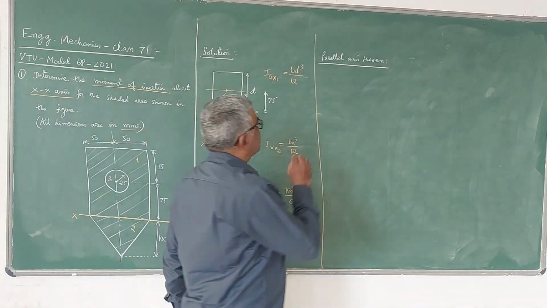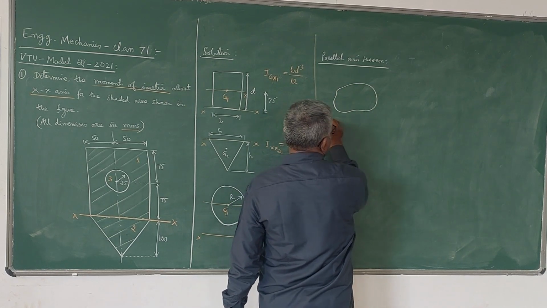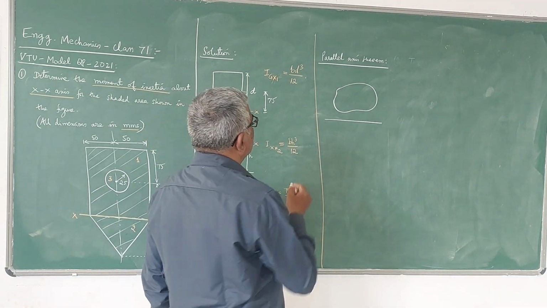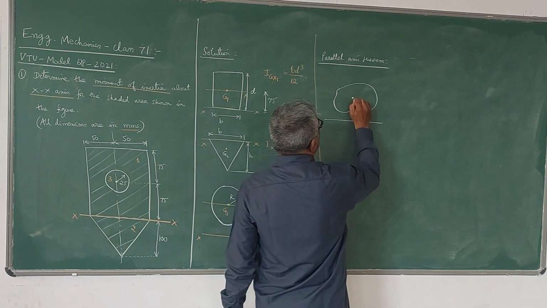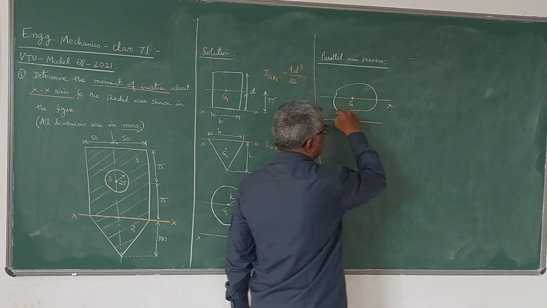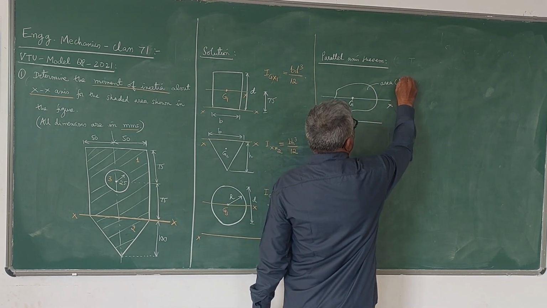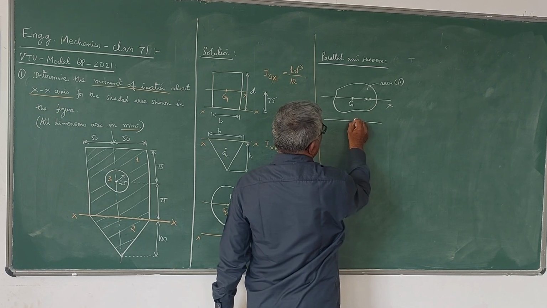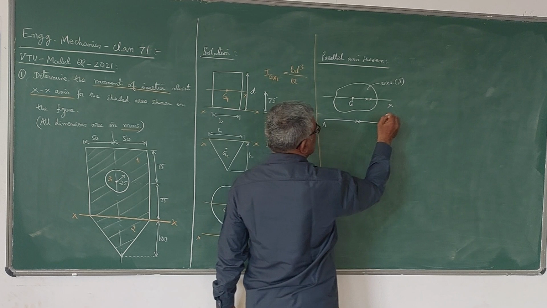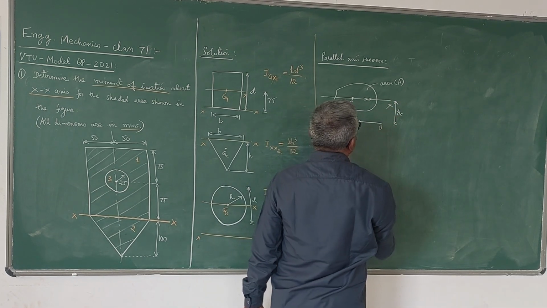Now, according to the parallel axis theorem, if you have any figure like this, I have explained and proved this in one of the earlier videos; you can go through that. Here I have a centroidal axis, Gx, the centroid of this area. Supposing this area is A, and AB is a parallel axis, parallel to the Gx axis. The distance between these two is yc.